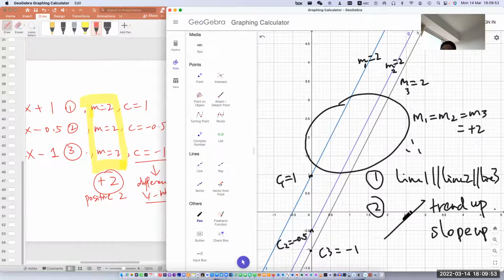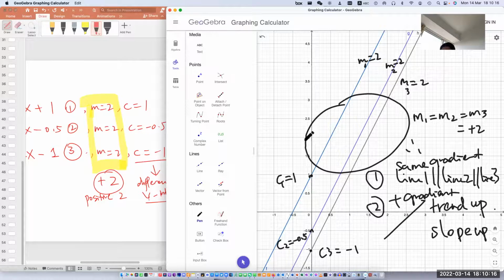So if you have the same gradient and it's positive: same gradient, parallel. Positive gradient, trend up or slope up. So these are the two conclusions.